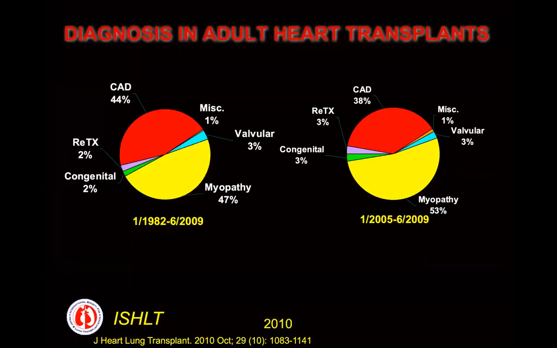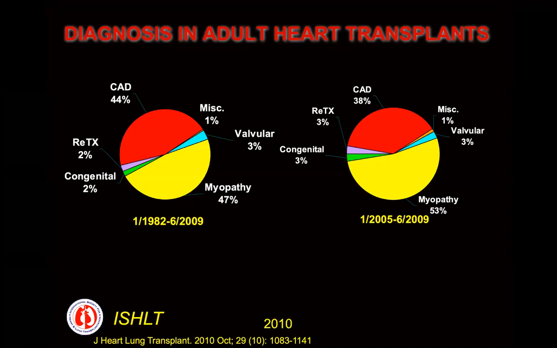Diagnosis of heart transplantation according to ISHLT: the majority of these patients are cardiomyopathies, and the majority of them are non-ischemic cardiomyopathies, which is mainly dilated cardiomyopathies. Some are ischemic, which is due to coronary artery disease.